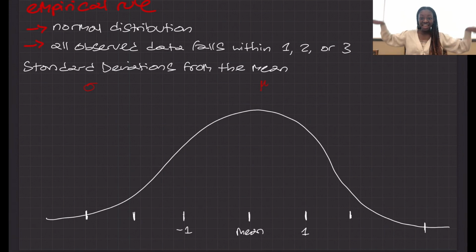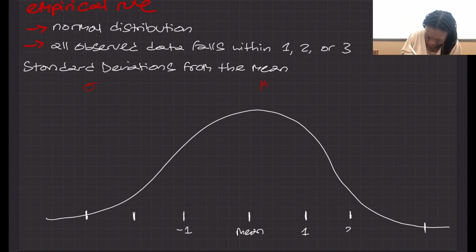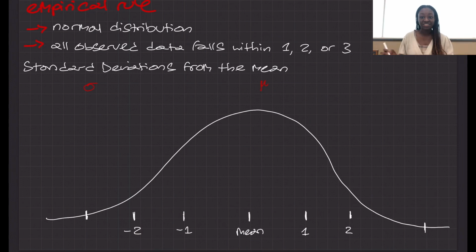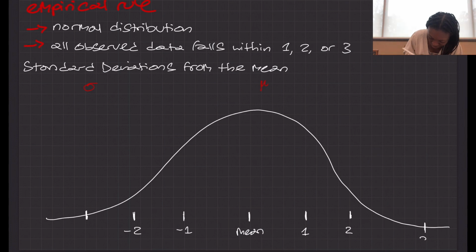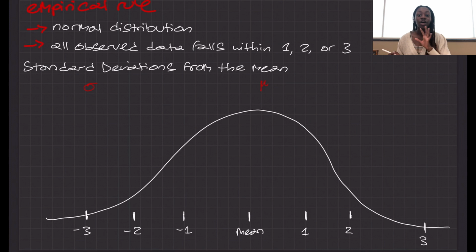Then on the next set of lines is 2 standard deviations or -2 standard deviations from the mean. So you're going to add 2 times the standard deviation to the mean or subtract 2 times the standard deviation. And then on the outskirts is 3 and -3. And so it's mean plus 3 times standard deviation or mean minus 3 times standard deviation.